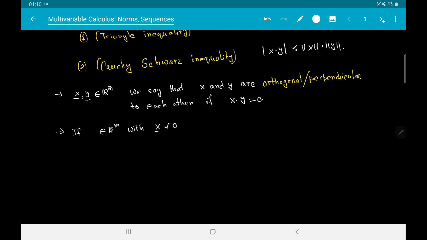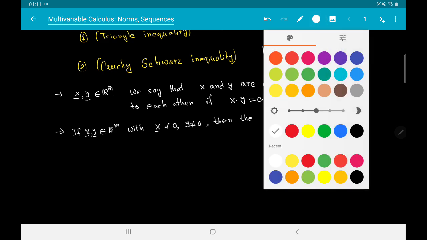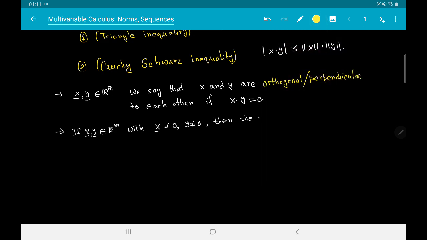Now let me take x, y in Rm such that x is not equal to 0 and y is also not equal to 0. Then we have two vectors, and I should use a different color to write down the new terms.